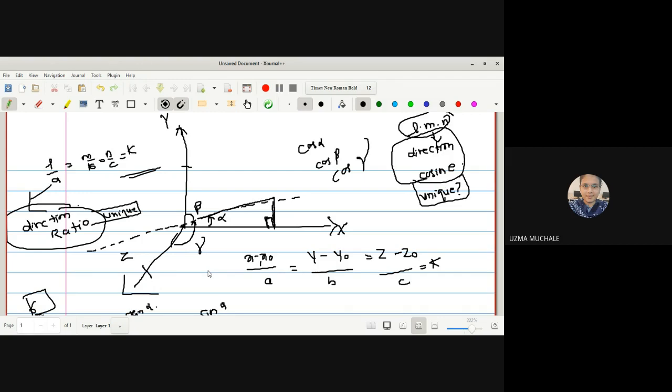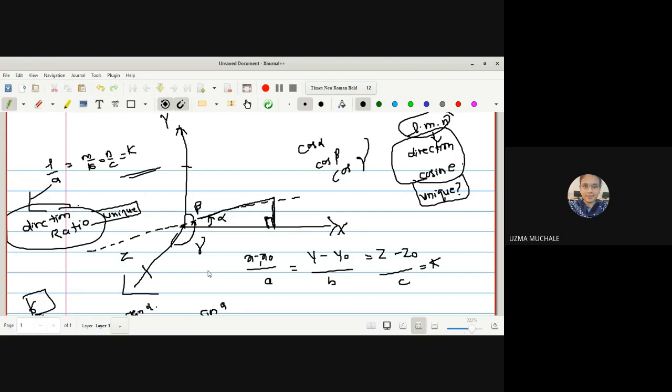No doubt it is unique, that means your alpha, beta, gamma angles are unique. Only if your line changes will alpha, beta, gamma change. Correct? So these are unique. Now you have to find out the answer for whether direction ratios are unique, and find out the relation. Okay?